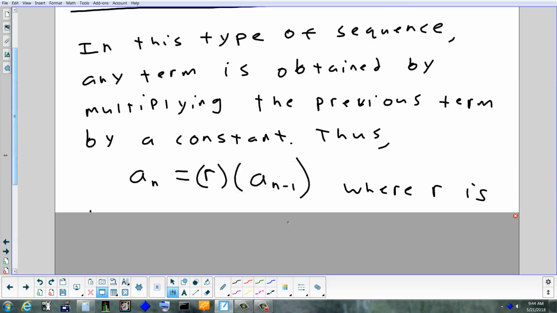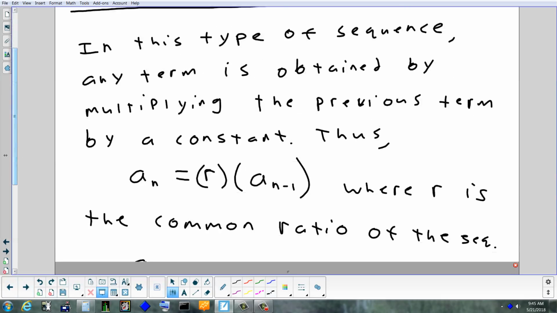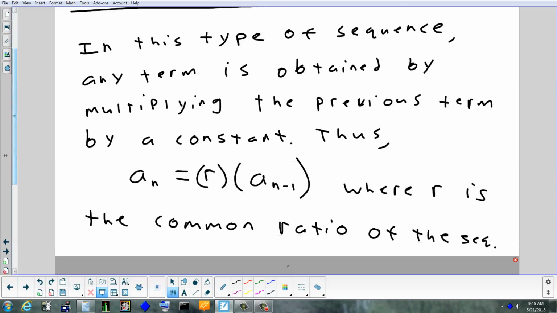So that would be the formula for a recursive way to write a geometric sequence. Take r, which is some number they would give you, times the term before it. r is what you're multiplying each time by, and that's called the common ratio. So a geometric sequence doesn't have a common difference, it has a common ratio.